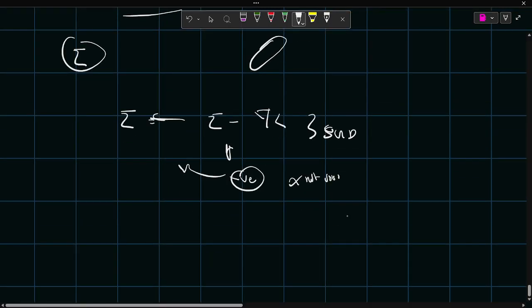So we do a decomposition of sigma, which is represented by scales and rotations.